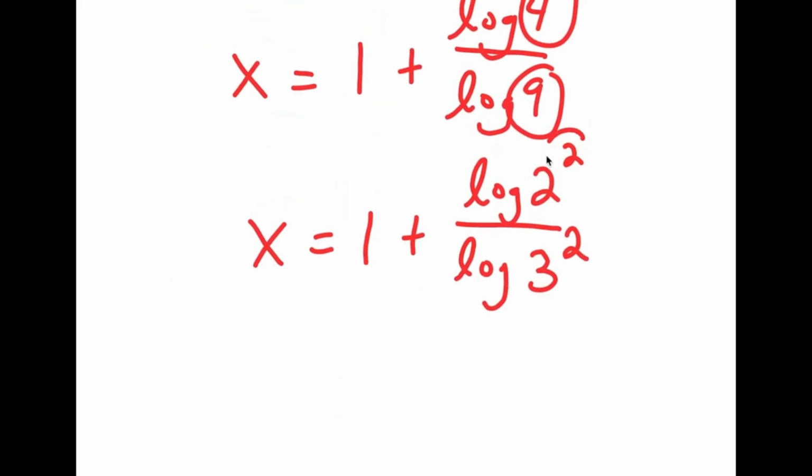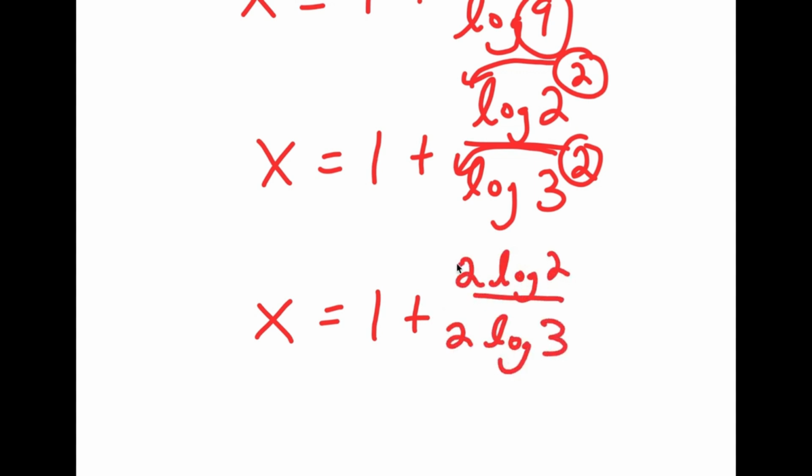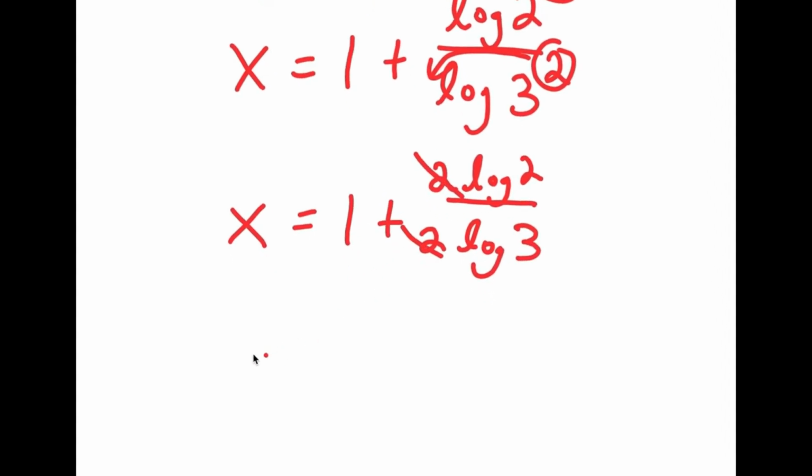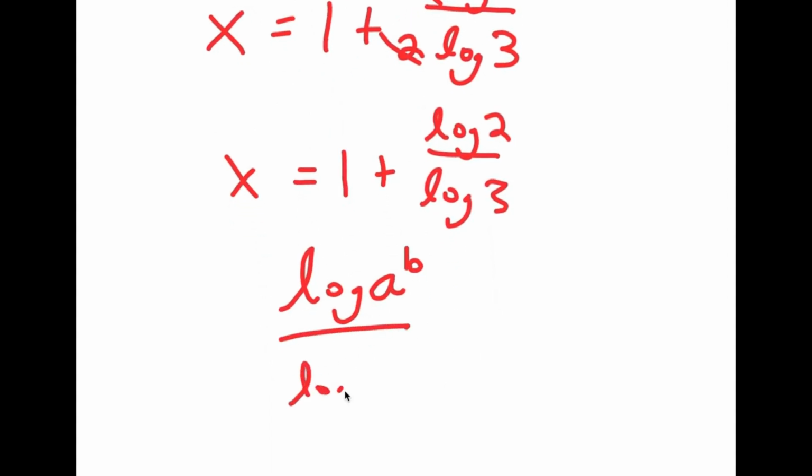I can move the 2 to the front on both of these, so I get x is equal to 1 plus 2 log 2 over 2 log 3, and now I can cancel out these two 2's. So if I ever have something in the form log a to the power of b over log c to the power of b, these two exponents just cancel out.